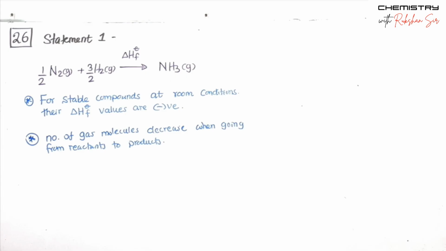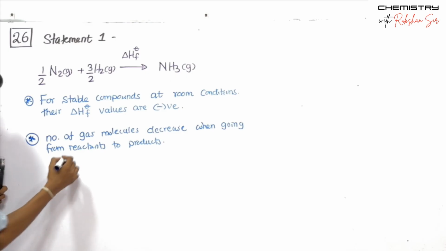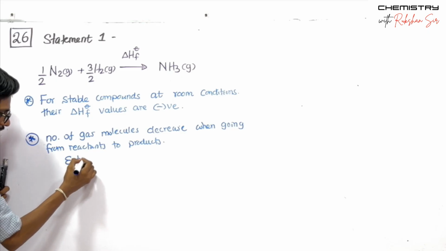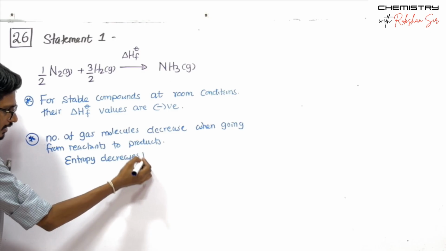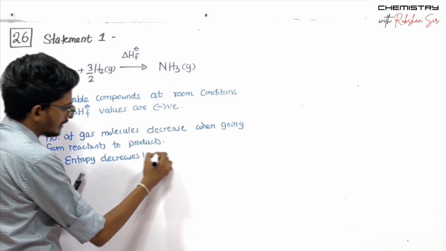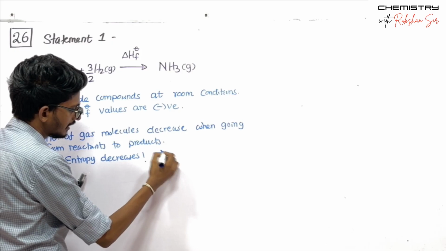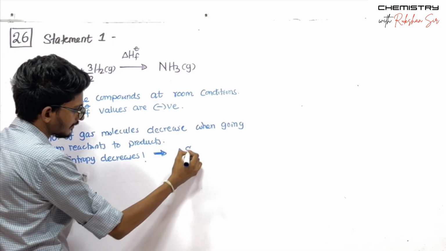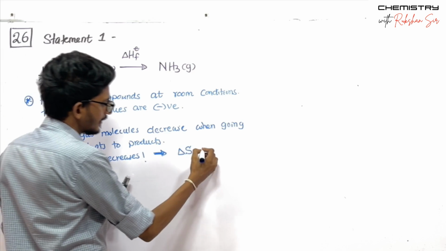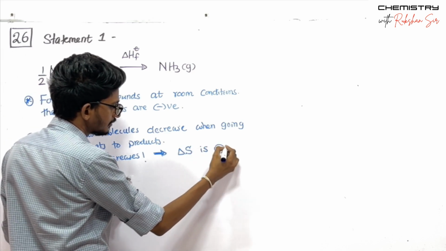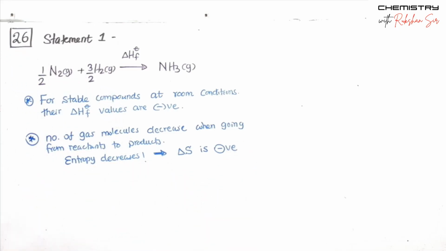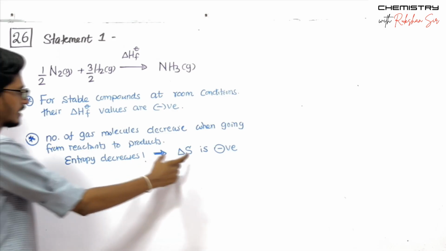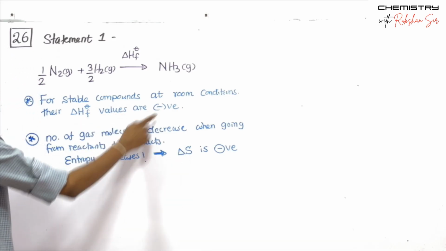That means entropy decreases. Number of gas molecules decreasing means entropy decreases. That means the sign of delta S is negative. For this reaction, the sign of delta S is negative, and the sign of delta H is negative.